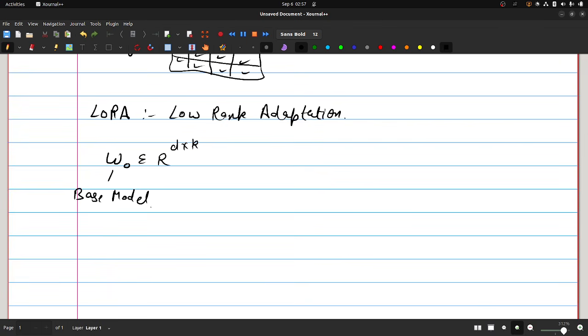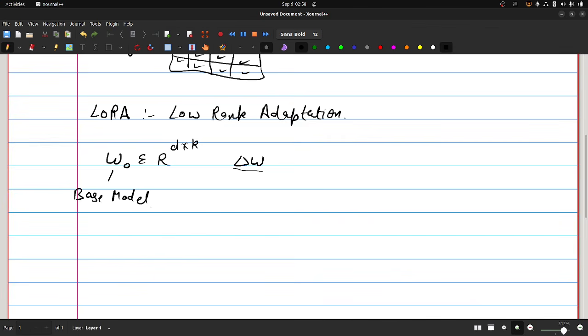The idea is we will not train W0, but instead we will add a low rank delta W with this W0, and we will only train this delta W. So let's see how we will do this.